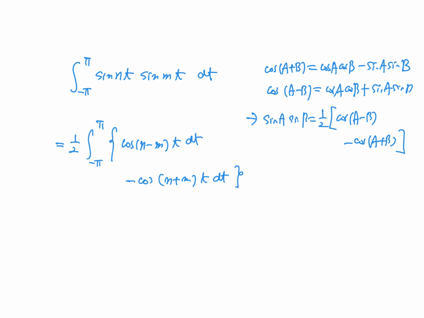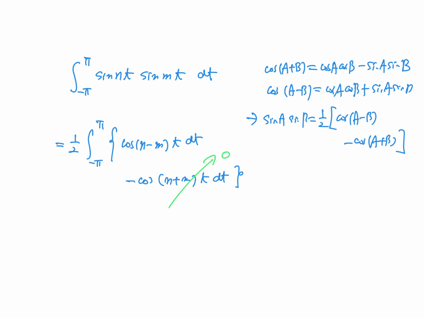So the second integral is easy. If you integrate cosine of some integer over minus pi to pi, what do you get? 0, right? So this is always 0. But this one you have to be careful, because in this case n minus m is different than 0.